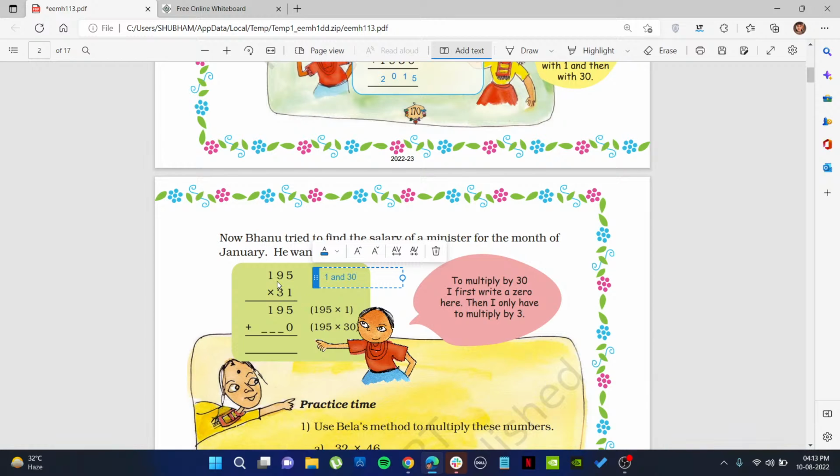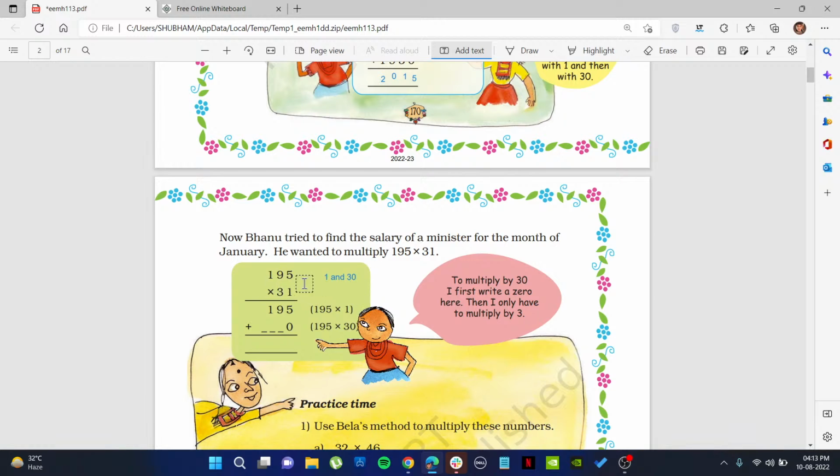So what we will be doing first? First we will be multiplying 195 with this one, and on doing so we get 195. After solving for this one, we need to solve for this 30. So therefore we will be multiplying 195 with this 30, and let's see how much we will get.